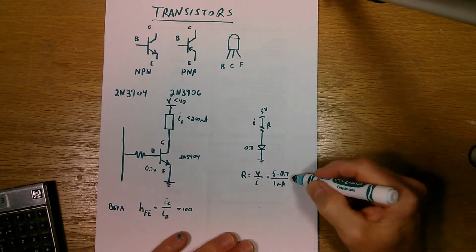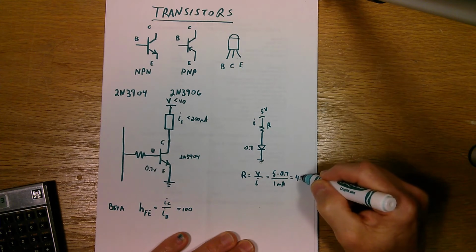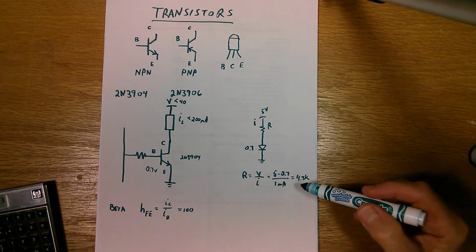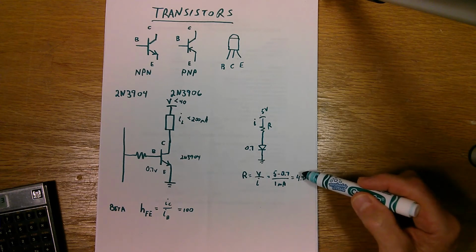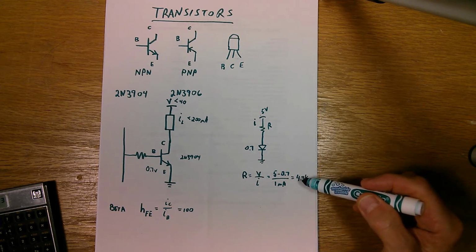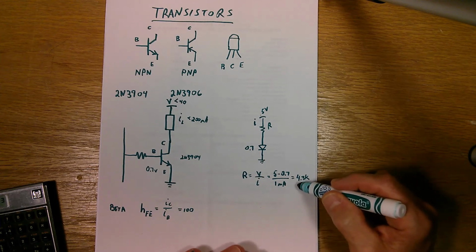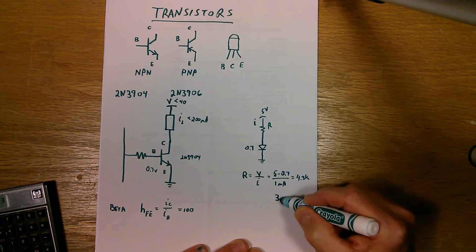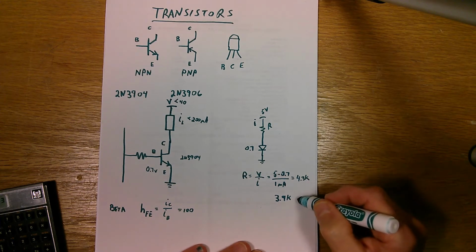So when you do the calculations here, you get 4.3 k ohms. And I talked in the resistor divider tutorial about the preferred values, and the closest value to 4.3k, I would go lower because you want to make sure there's more than enough current here, so I would choose a 3.9 k ohm resistor. 4.7 is the next one above.